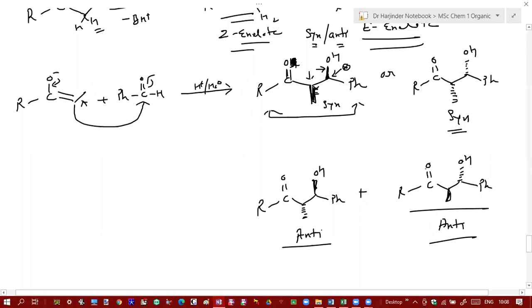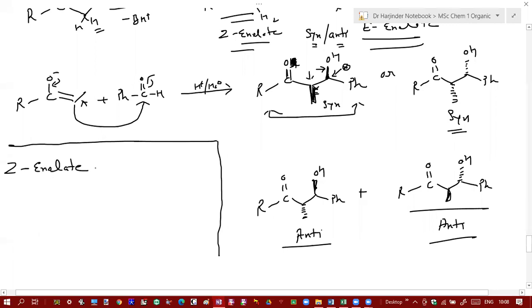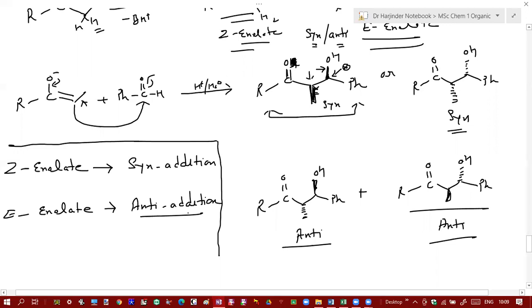So beta, note it down, it is not given like this in the book, okay, you have to note it down. Now it has been found that when there is a Z enolate, it always gives rise to syn addition, while an E enolate gives rise to anti addition.